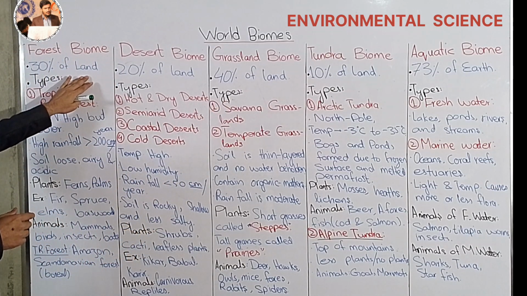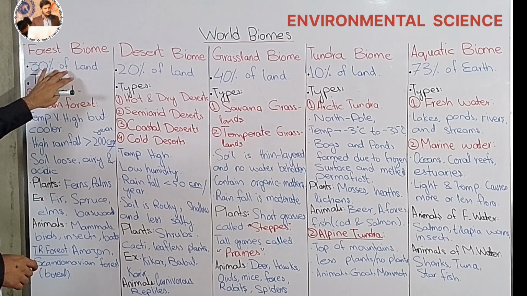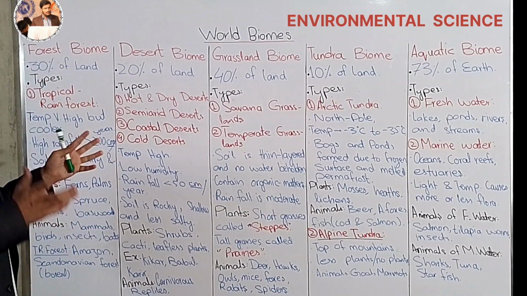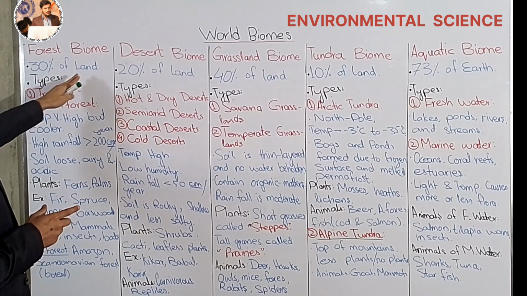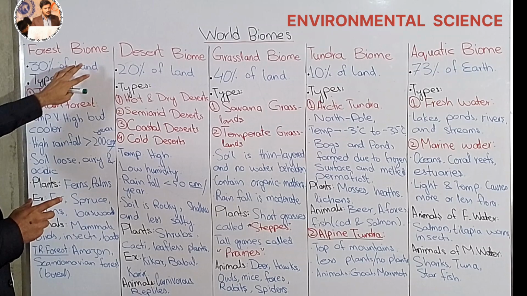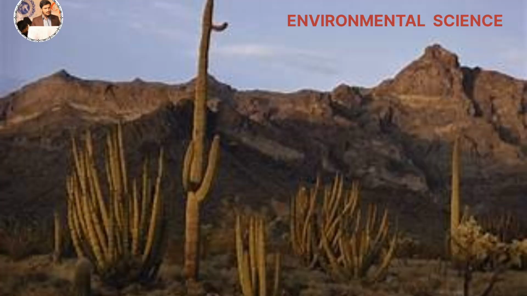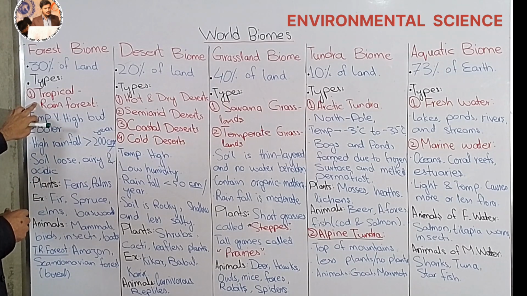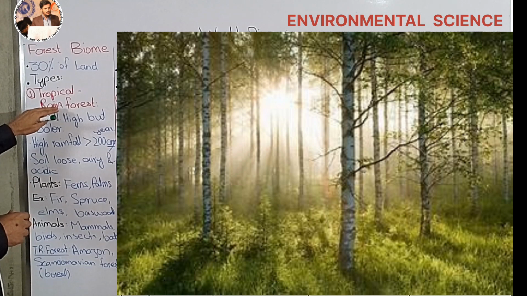Forest biome occupies 30% of the land, not of the water, only 30% of the land is occupied by forest. So there are three types of forest: the tropical rainforest, the dry forest, and the boreal forest.